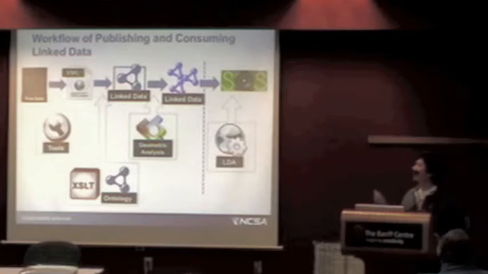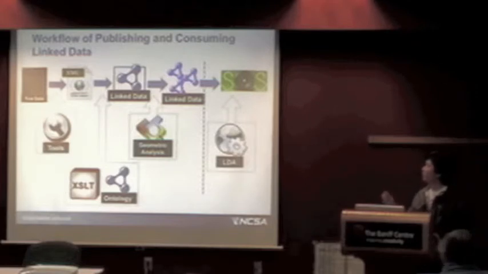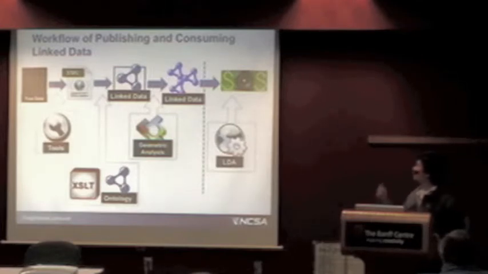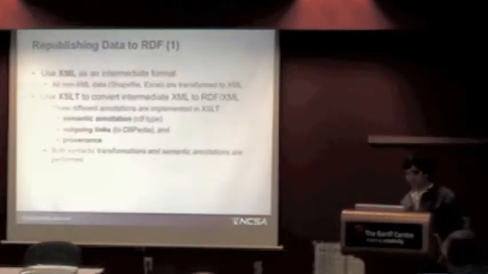Then we get linked data. This linked data is not enough. We use geometric analysis to discover spatial links. Then we get more linked data, and we use the linked data API tool to serve those data to the sensor observation service.